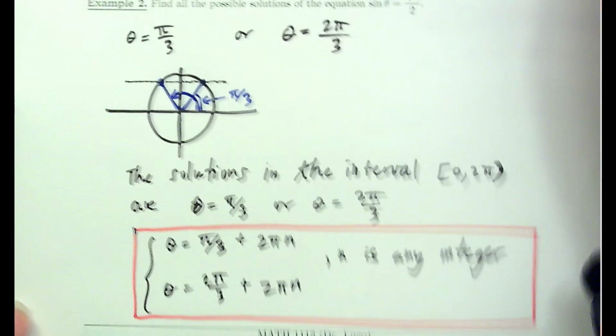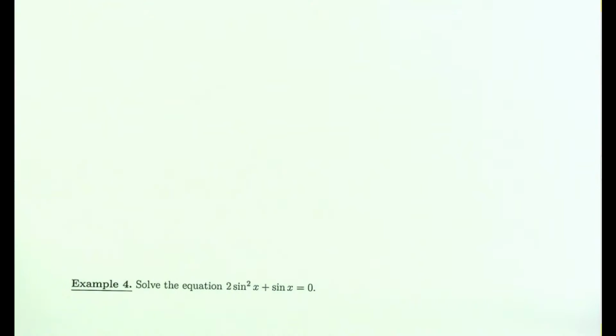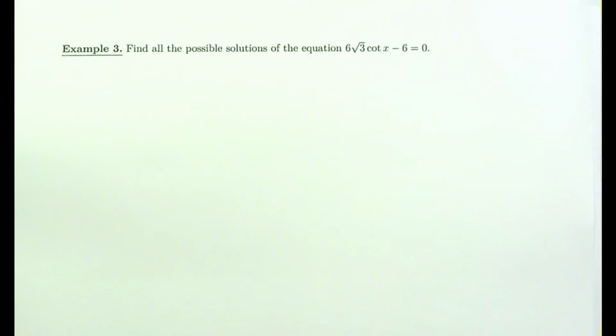Okay, let's do another example. This one right here says find all the possible solutions to the equation 6 square root of 3 cotangent of x minus 6 equals 0. Okay, this has a cotangent, which I don't like, right?